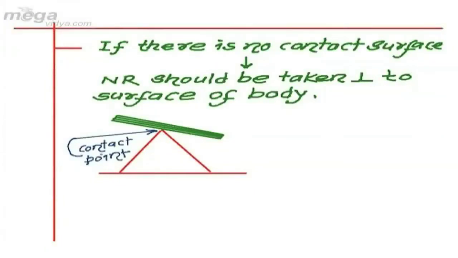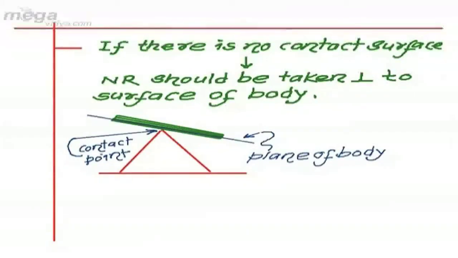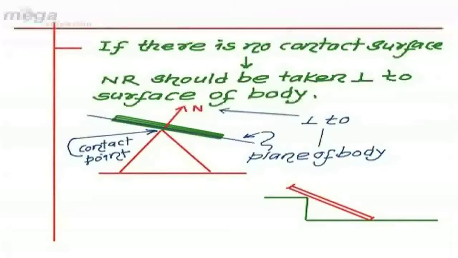Now we can see that a plane of the body can be drawn here. So what will we do? We will draw normal reaction perpendicular to this plane of the body. If we consider our previous example in which there was a stair and a rod was kept, what will we do here? We will try to draw normal reaction, this time at this contact.